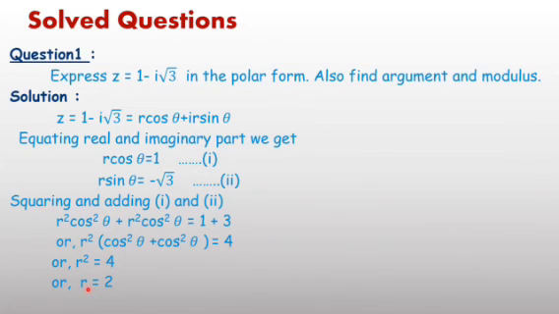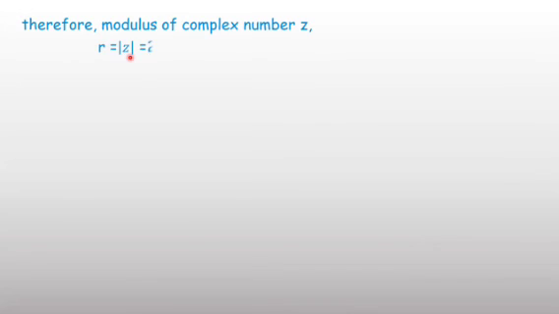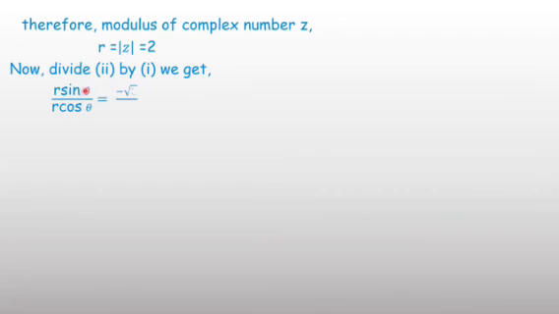Here what is r? r means modulus of the complex number. Therefore modulus of complex number z is given by r equal to mod of z equal to 2. Now divide the second equation by the first. We get r sin theta upon r cos theta equal to minus root 3 upon 1.